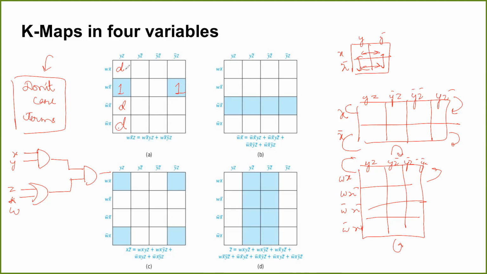If I consider D to be 1, I can do a minimization of this as well and reduce it to a single term. Can you tell me what is the equivalent term, assuming that this D is a 1? What term do I get from this grouping? Yes, class? YZ, right, which is clearly smaller than this.